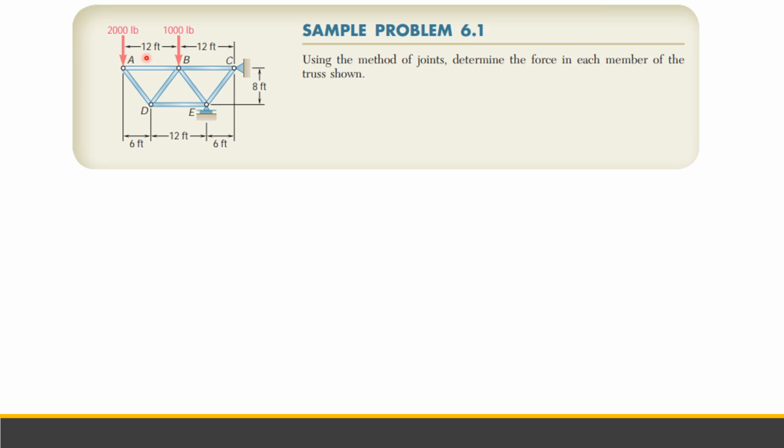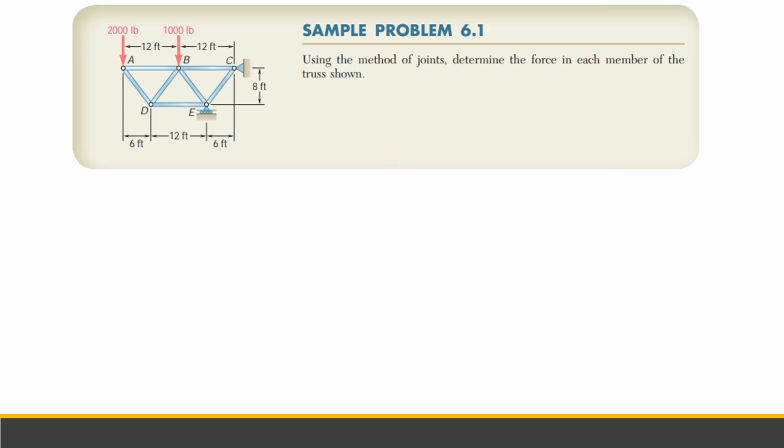There is a roller reaction at E and a hinge reaction at C. The members are 12 feet long, and the distances shown are 6 feet and 8 feet. Using the method of joints, determine the force in each member of the truss.